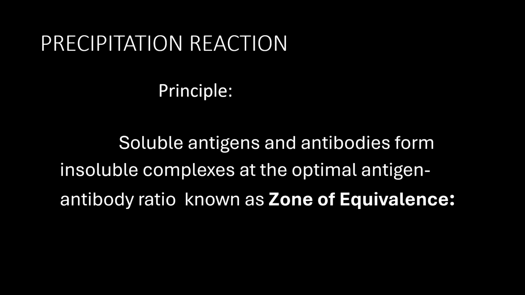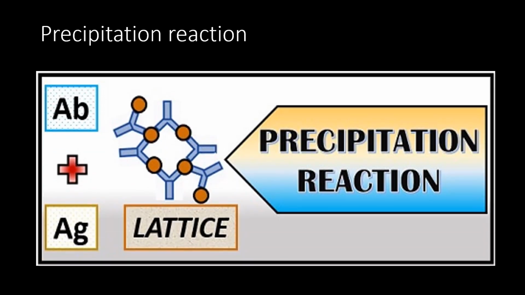To avoid the prozone effect, there should be an equal proportion of antigens and antibodies, so that there will be formation of a lattice between antibody and antigen, which is very strong and makes a precipitate that will be visible.